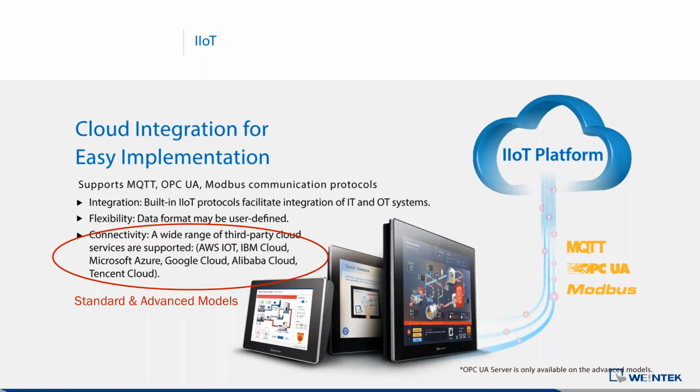But to support these major third-party cloud services, they are only supported on our standard and advanced models, and the OPC UA server is only available on our advanced model. All right.